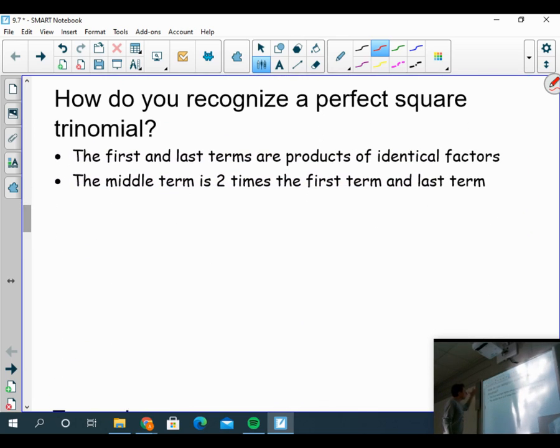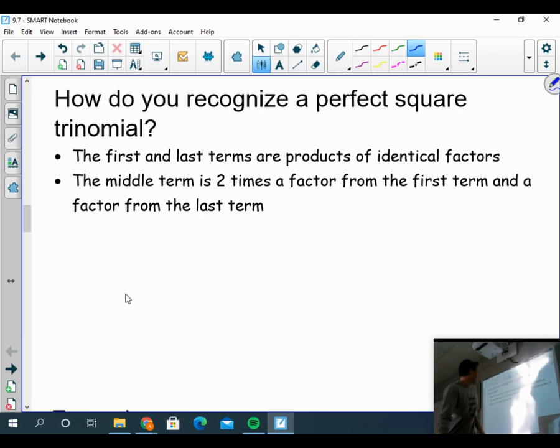So, how do we recognize a perfect square trinomial? We've seen the general form, but what specifically are we looking for? Well, the first and the last terms are products of identical factors, and we'll see what this looks like in a second.